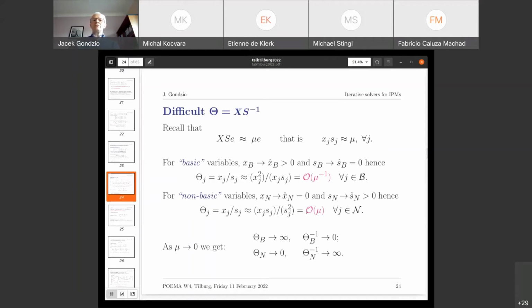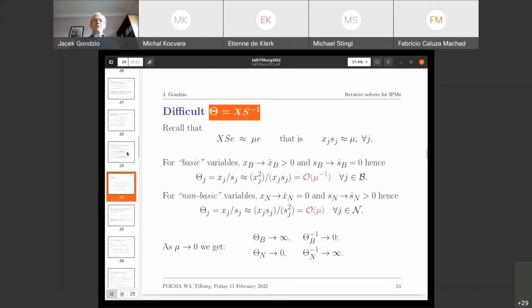So this will behave as proportional to mu, proportional to the barrier term. And this means it will go to 0 when mu goes to 0. So unfortunately, to summarize, this matrix Theta, which appears in interior point methods, behaves very badly from a numerical point of view. Some elements of this matrix go to infinity, others go to 0.